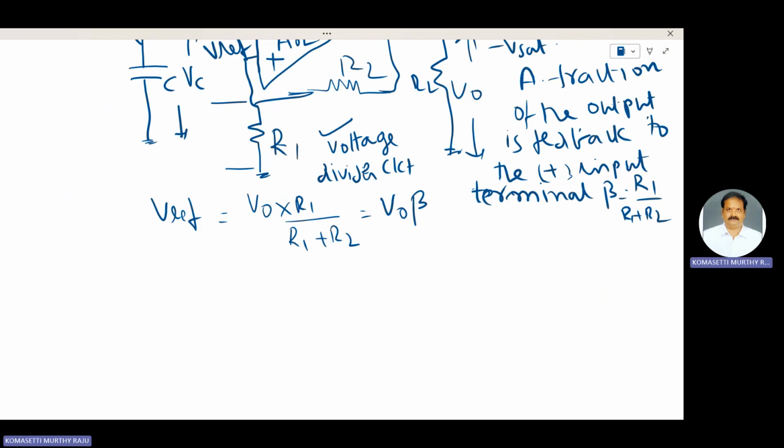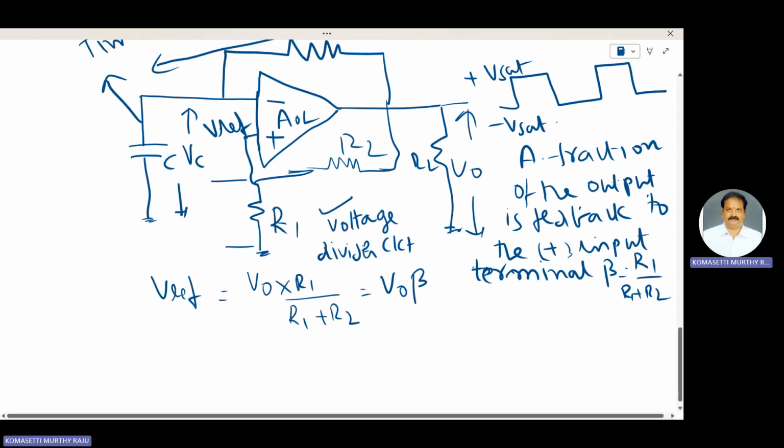Here two voltages are there. In the astable multivibrator, the op amp operates analogous to a comparator circuit. Comparator means it compares the two voltages at the inverting and non-inverting terminals and produces an output voltage.